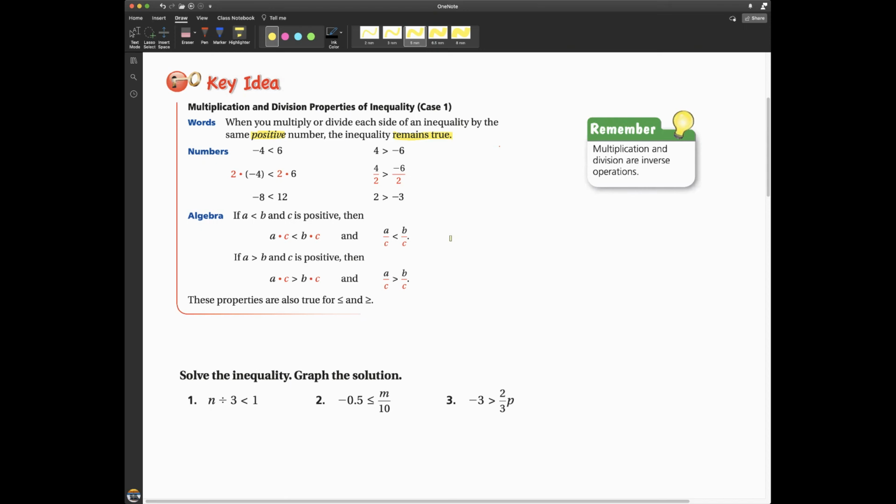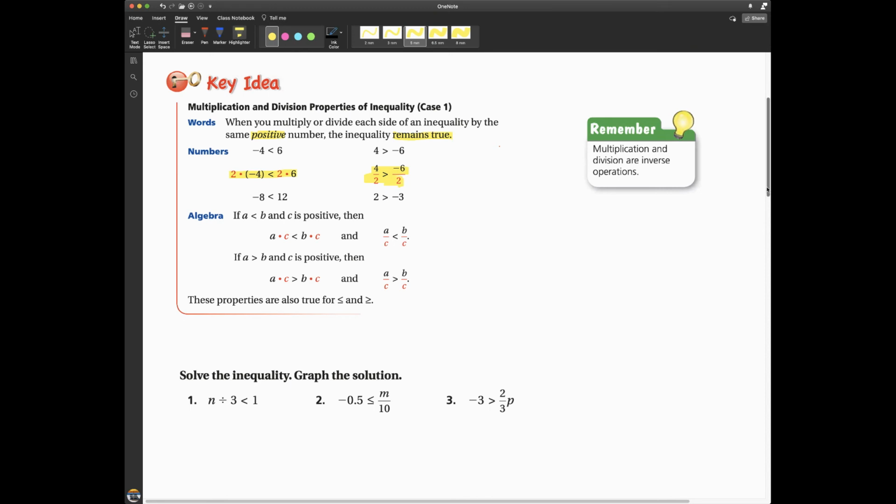This is just showing you that for multiplication and for division, when you multiply or divide one side of an inequality by a number, you also have to do the same thing to the other side.